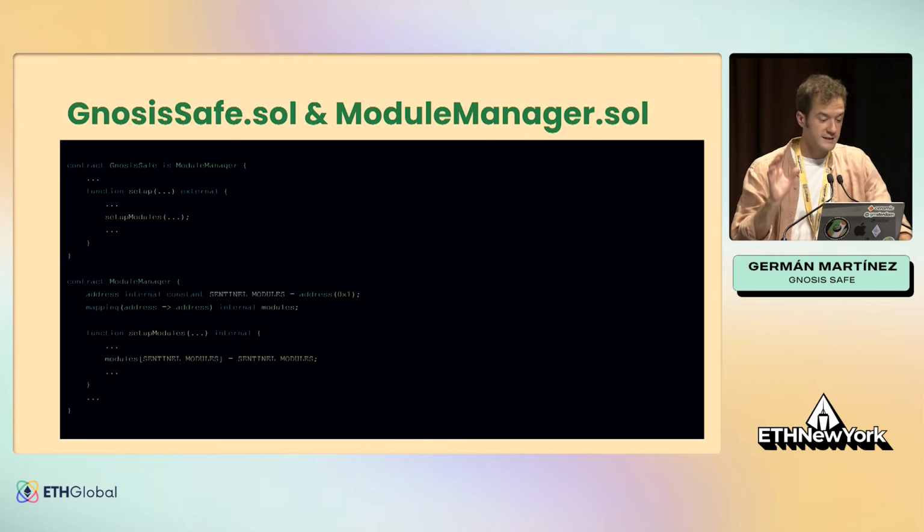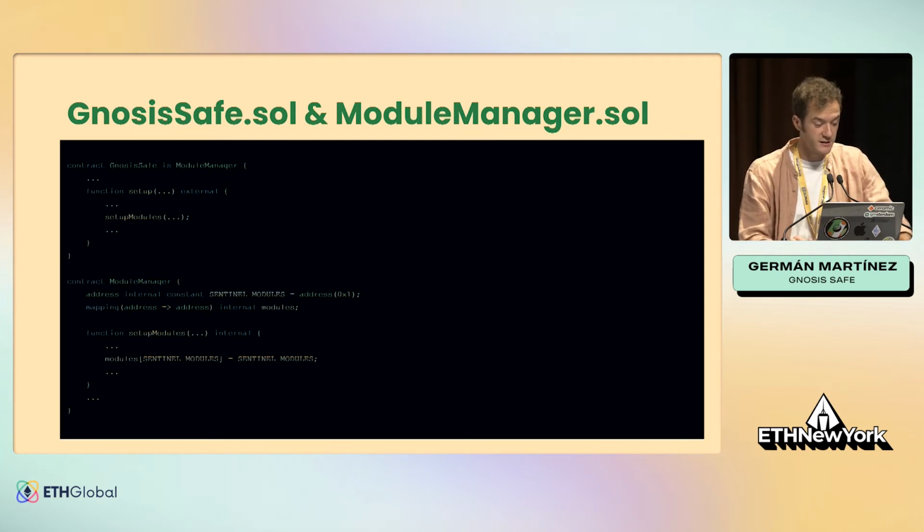So let's see some code, from the Gnosis Safe smart contract side and from the module side. Here we see 2 contracts. The first one is a super simplified Gnosis Safe contract that is a module manager. Module manager is one of the core contracts of the safe that has all the functionality that allows enabling modules, disabling them, etc. So when we set up a new safe, inside the function setup, there is a call to the setup modules function inside the module manager.